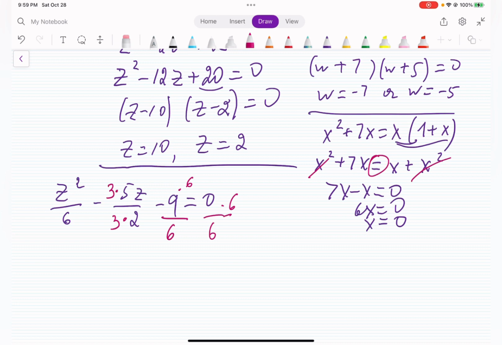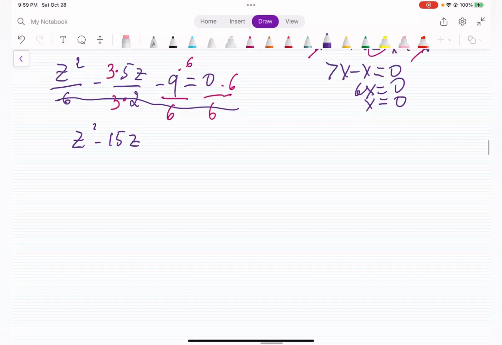So we have z squared minus 15z minus 9 times 6, 54, and equals 0.